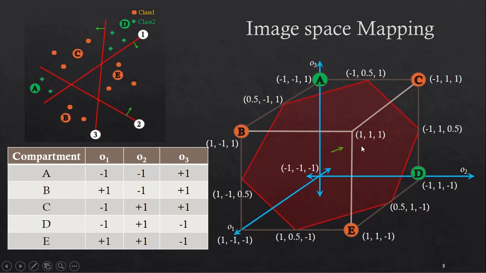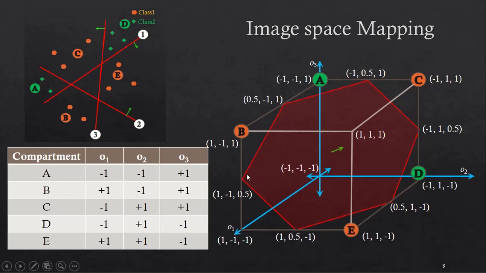The linearly non-separable points in the pattern space have been converted into linearly separable points in the image space. These points are now separated with the help of this plane.